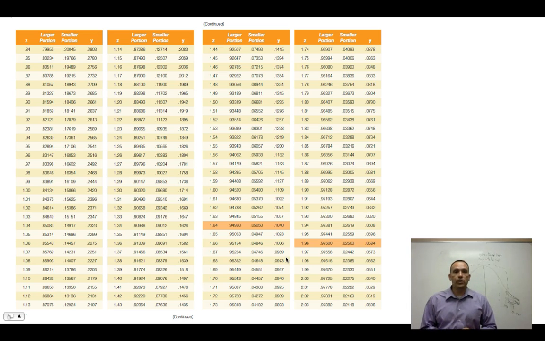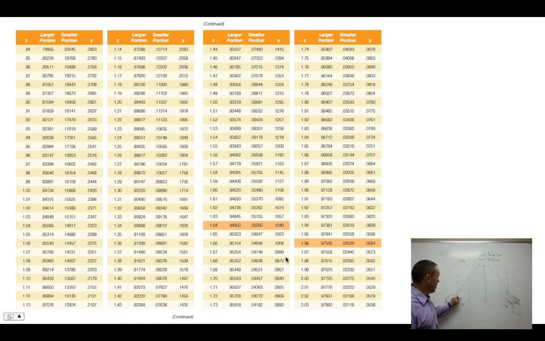My original question was, what is the z-score that captures 5% of the population? Well, whatever I do on the positive side, I also need to do on the negative side. So if a positive 1.96 gives me 2.5% over here, what value gives me 2.5% on this side? It's a negative 1.96. So I can plot that here.